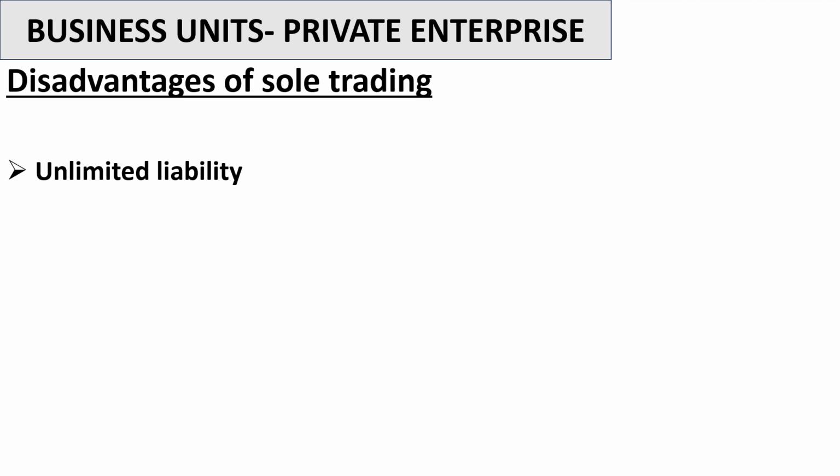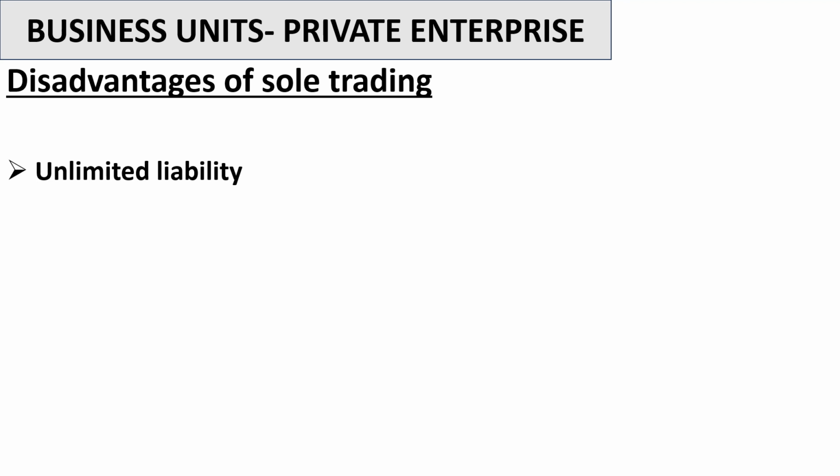So in case you have a business and you get money from the business, it means you have stolen from the business, unless you have paid yourself. You can't just get money from the business; the business has to pay you. In a case where you just get money for no reason, it means you have stolen from the business. So the owner and the business are treated as two separate entities.